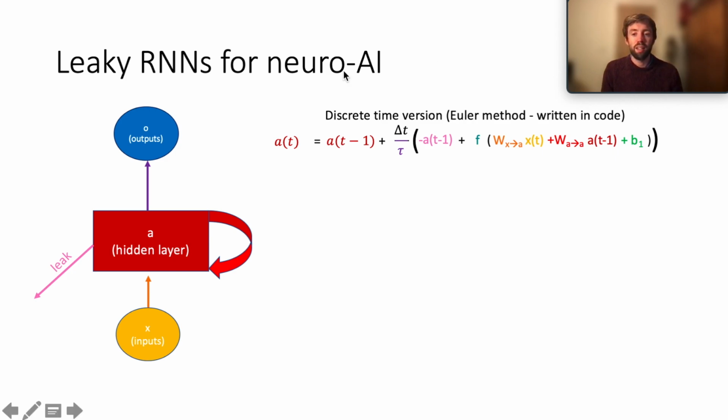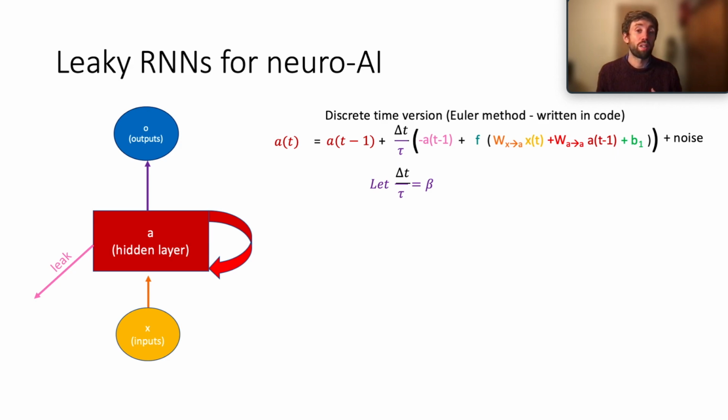And for the leaky RNN, as a quick reminder, we start with the hidden layer activation value of the previous time point, and we update this in proportion to the time step divided by the time scale of individual units, and there's a leak term that pushes the activity back down towards 0 unless there are some synaptic inputs from external sources and the recurrent weights and a bias. In computational neuroscience, we often additionally add a noise term that we don't need to worry about here.